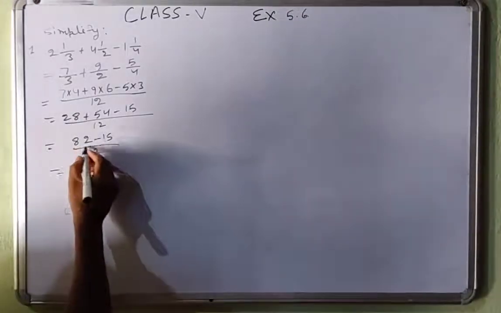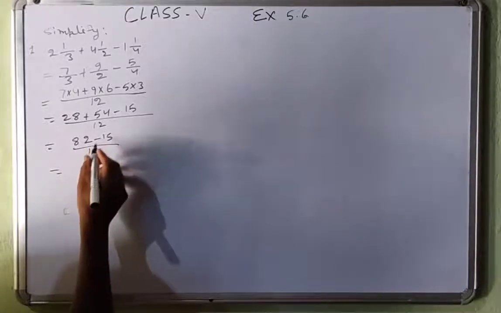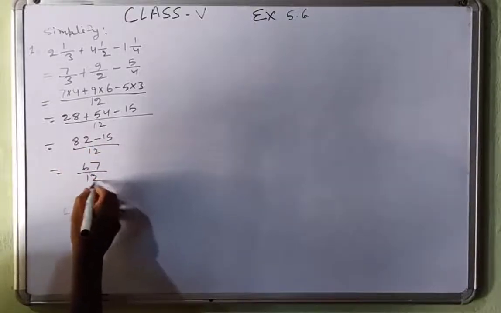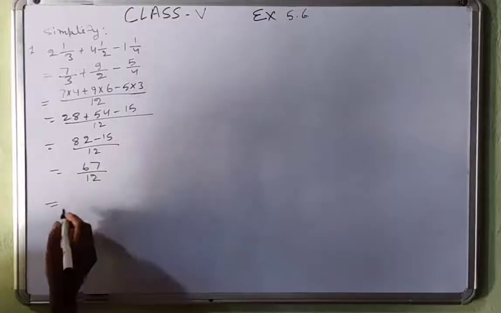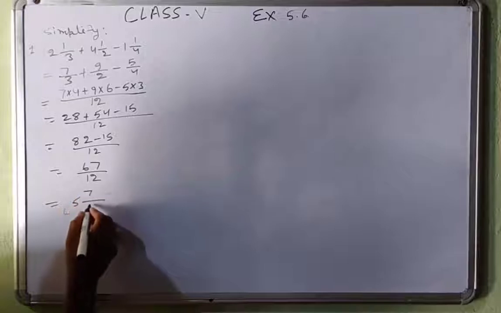Subtract that: 12 less 5 is 7, 7 less 1 is 6 upon 12. Then convert into a mixed fraction. 12 fives are 60, and then 7 is left over 12.